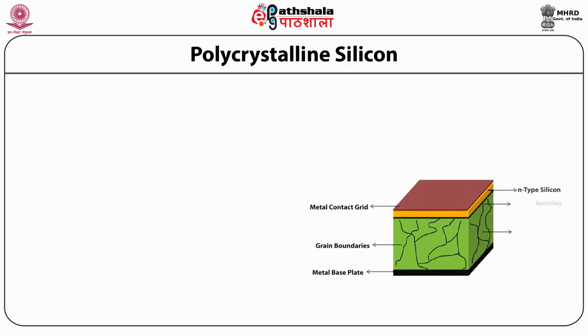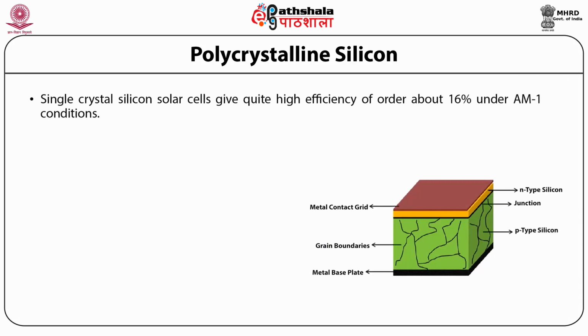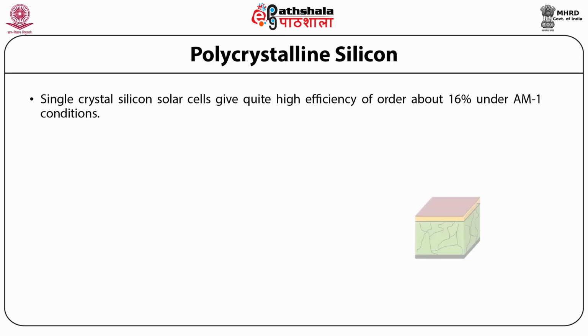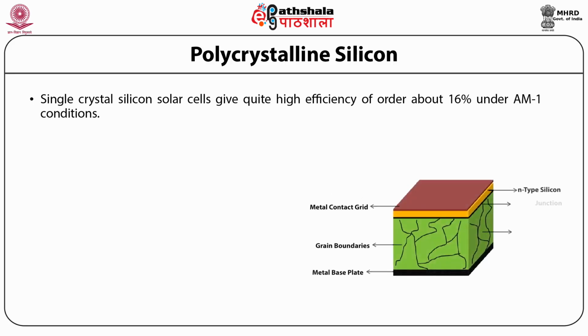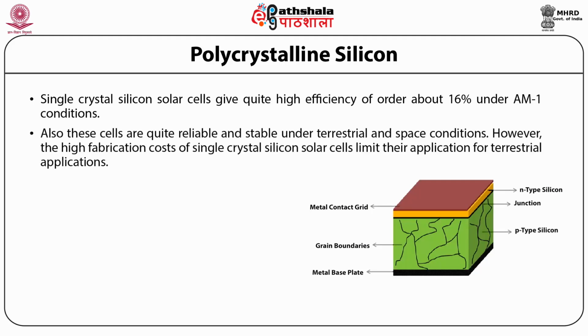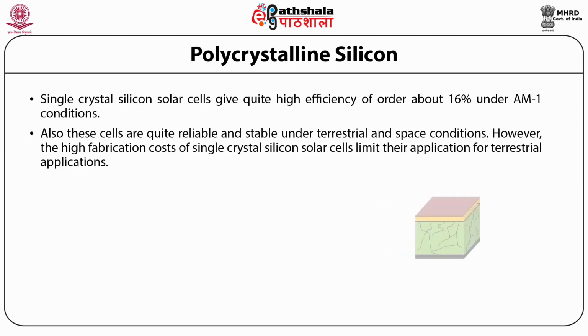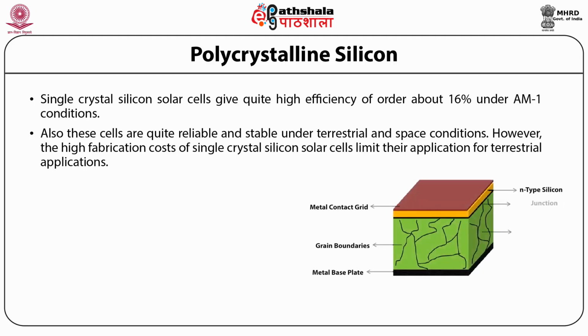Polycrystalline silicon. Single crystal silicon solar cells give quite high efficiency of the order of 16% under AM1 conditions. Also, these cells are quite reliable and stable under terrestrial and space conditions.